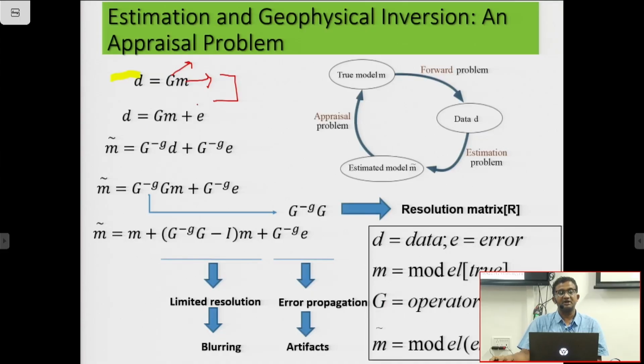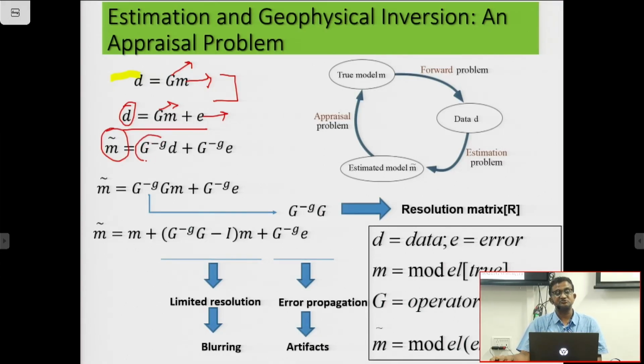Now, obviously the real data is noisy data, so to describe the data-model relationship, we can express it as d equals G m plus e, where d is the data, G is the kernel matrix or the operator operating on m, and e is the error or the misfit. From that we estimate the model m, using the generalized inverse G dagger.